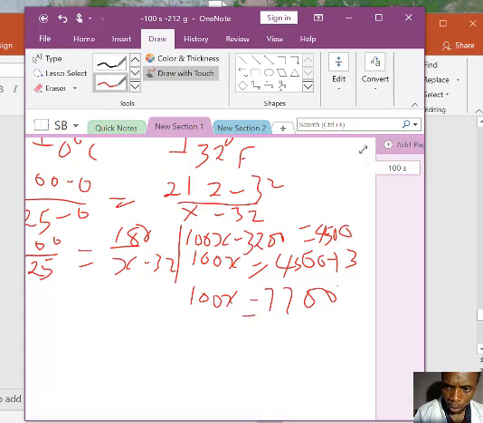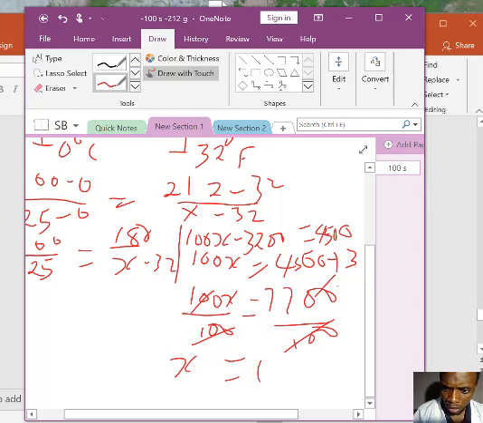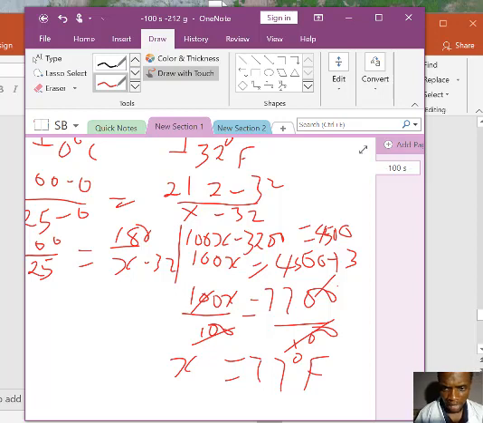So we divide both sides by 100. 100 cancels 100, it cancels the 20 here, meaning x will be equal to 77 degrees Fahrenheit.